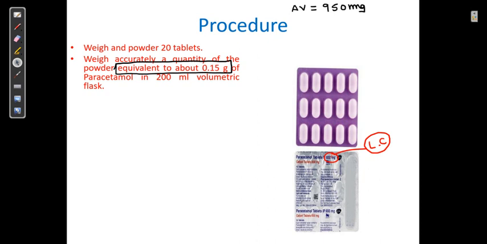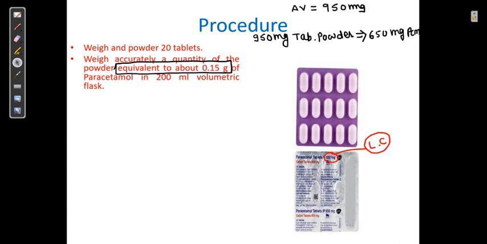So what I can write here: 950 milligram of tablet powder contains 650 milligram of PCM or paracetamol.